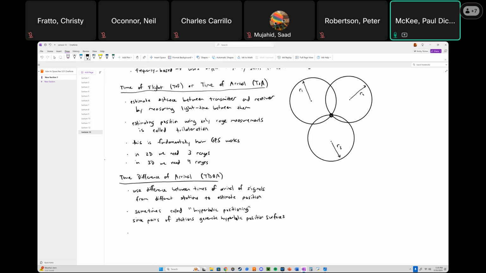This is used by some pilots and requires solving intersection of hyperbolas.